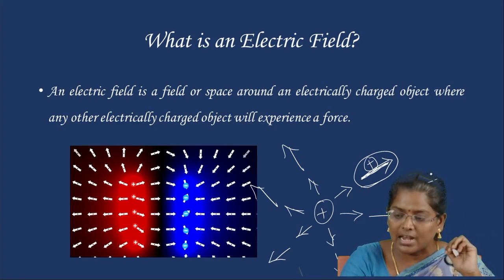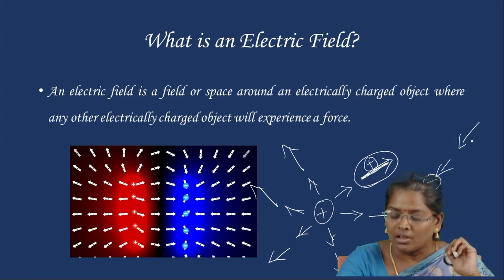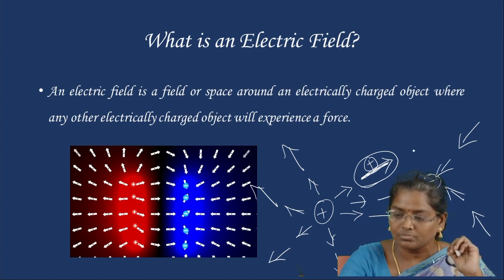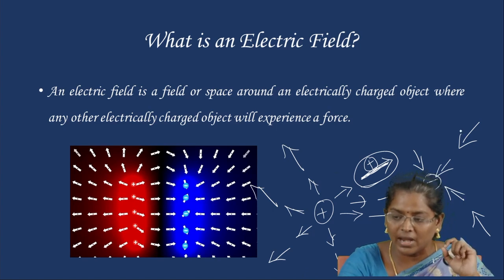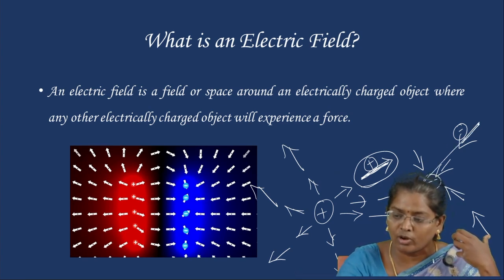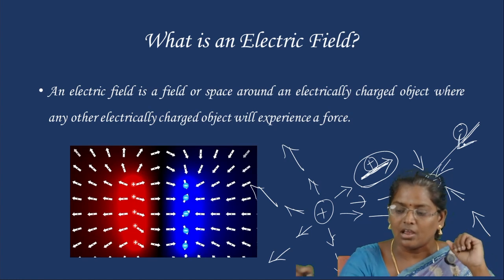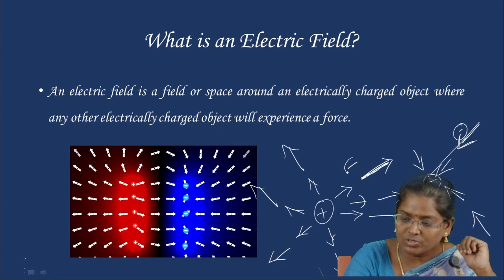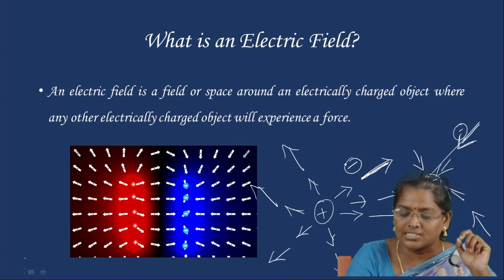When you place a negative charge, the field lines are directed towards the charge. This means that when you place another negative test charge, it will be repelled in this direction with a magnitude of this strength. Let us imagine what happens when you place a negative charge in a positive charge's field.